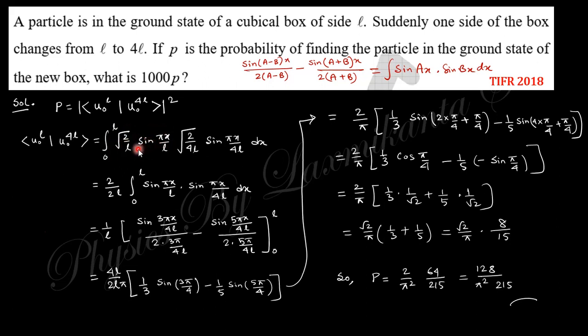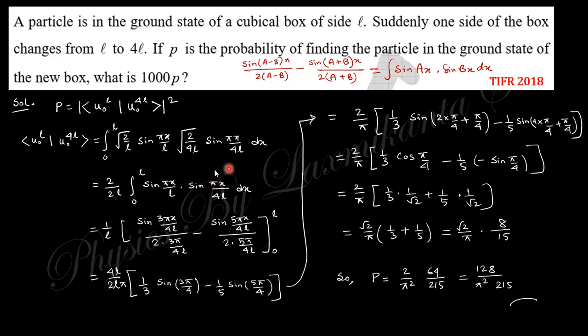Otherwise, just remember this one at this moment. The expectation value square equals this probability P. So just take this integration: root under 2 by L sine pi x by L, this length is L, and this is for sine pi x by 4L, length is 4L. So taking this two product will be 2, and this is root under 4L square, that is 2L also.